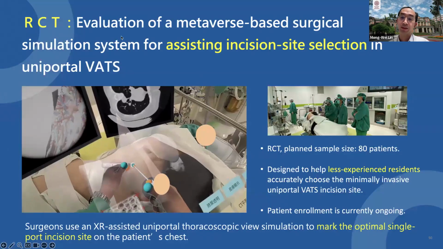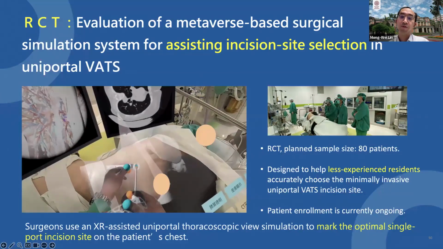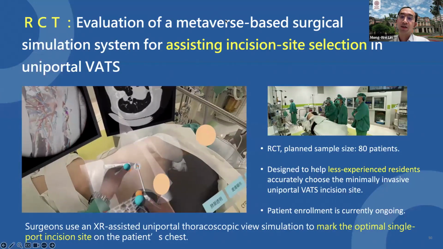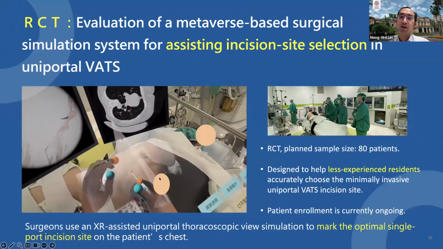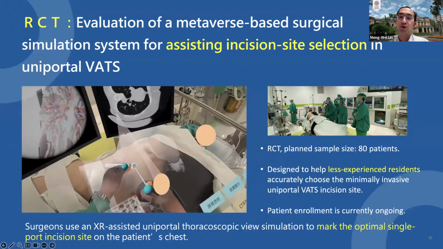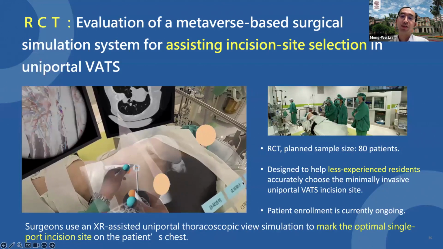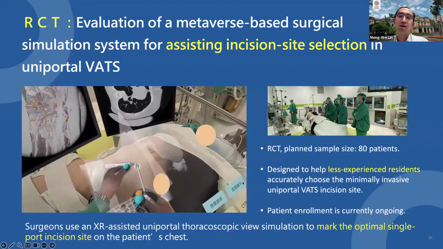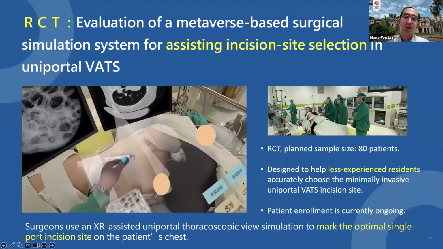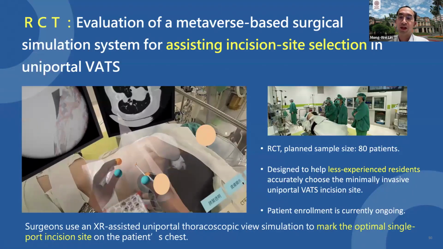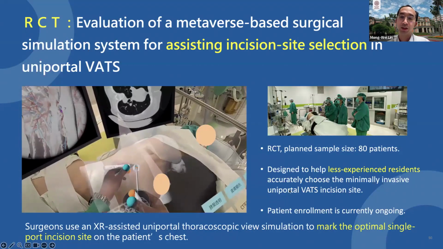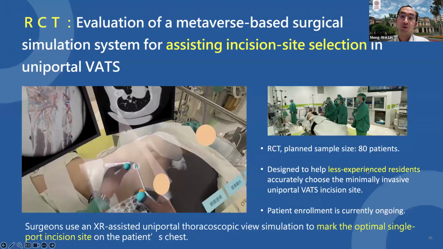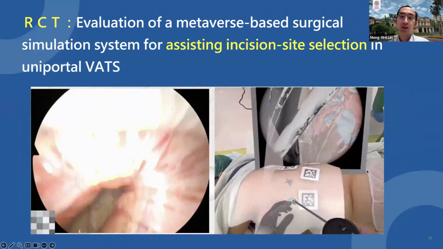We also tested the system in a clinical trial for uniportal VATS. The resident can use the XR simulation to plan and mark the optimal port site before surgery, instead of relying only on their very limited experience. It is currently being evaluated in a randomized controlled trial in our institute, which is now actively enrolling patients.